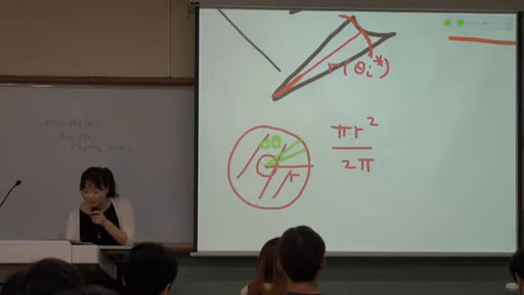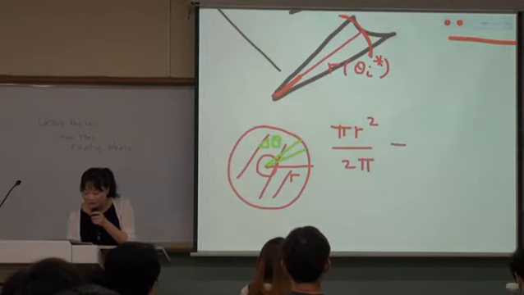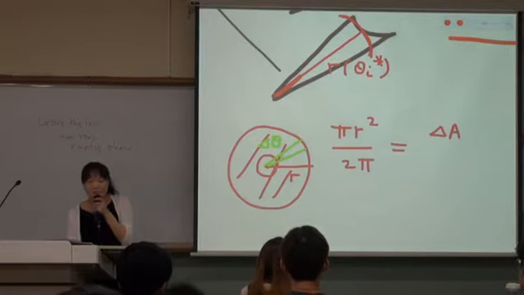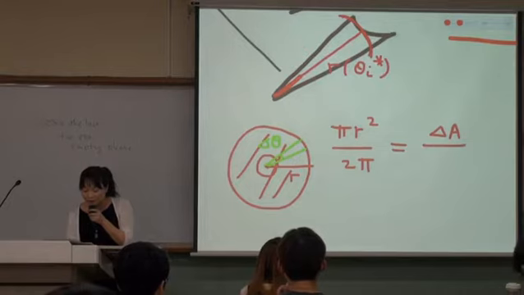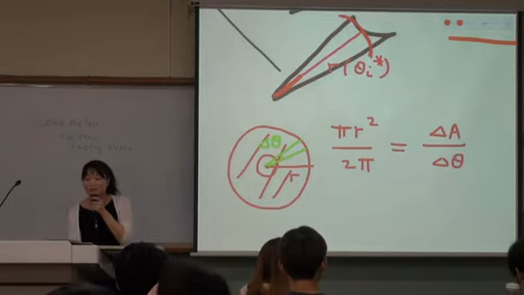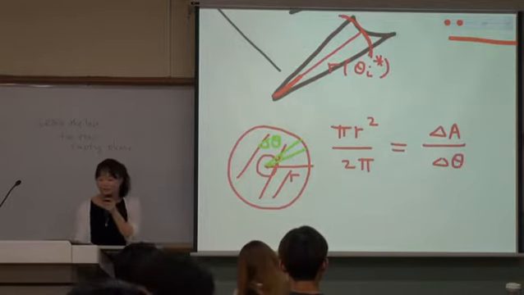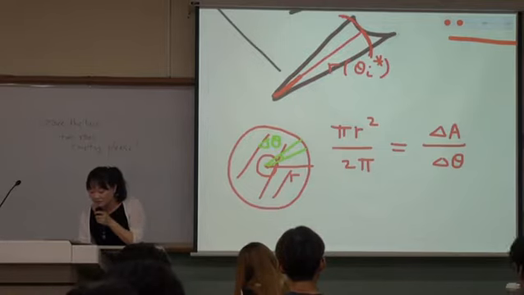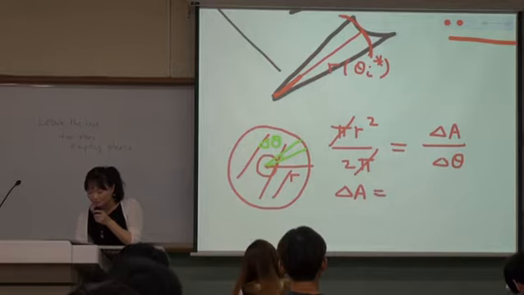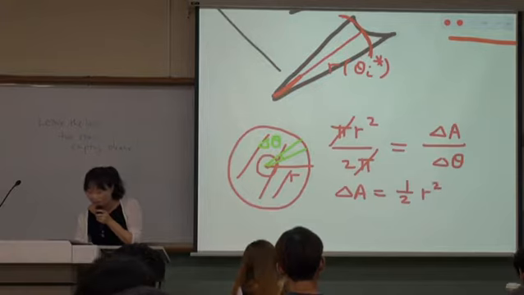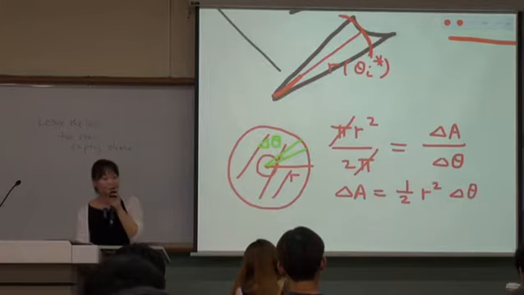So corresponding to that, we'll have an area. What's the corresponding area when the intersecting angle is delta theta? Then we can find delta A. What is delta A? Delta A is 1 over 2 r squared delta theta, right?